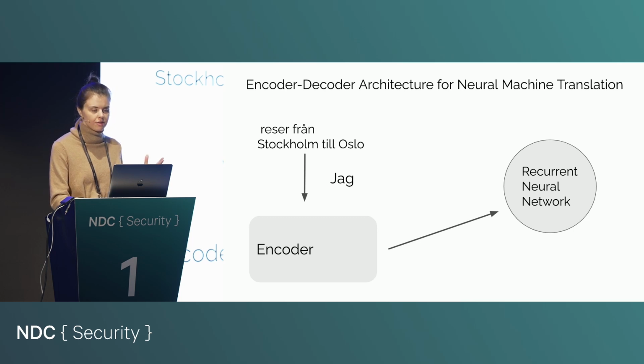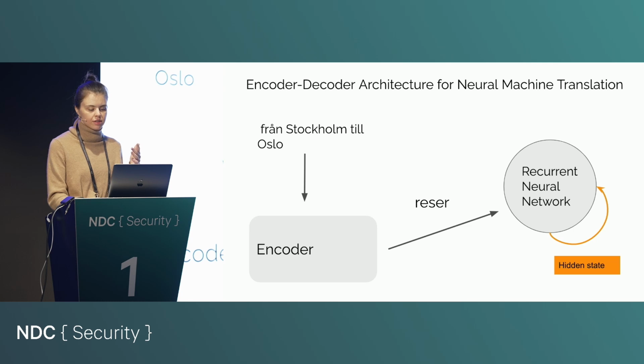So we take the first word, which is I, in Swedish, and we pass it into the encoder, and inside the encoder is this recurrent neural network. We pass the word into that, it analyzes the word, and then it outputs what's known as a hidden state. This is the memory of what words the recurrent neural network has seen.